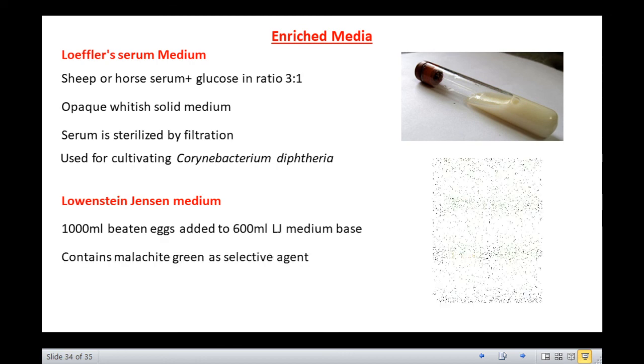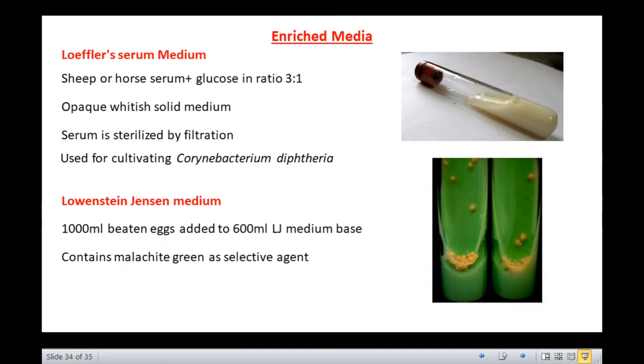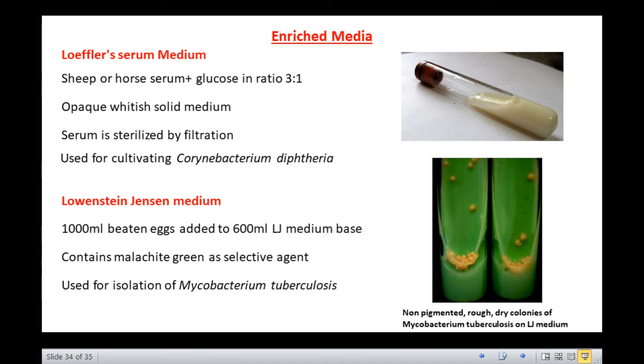The medium contains malachite green as selective agent and hence is green in color. It is used for isolation and cultivation of Mycobacterium tuberculosis, which forms non-pigmented, rough, dry colonies on the Lowenstein-Jensen's medium.